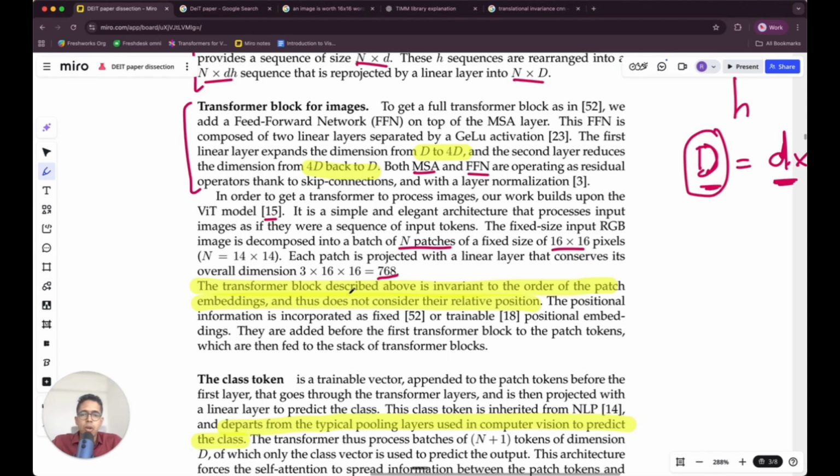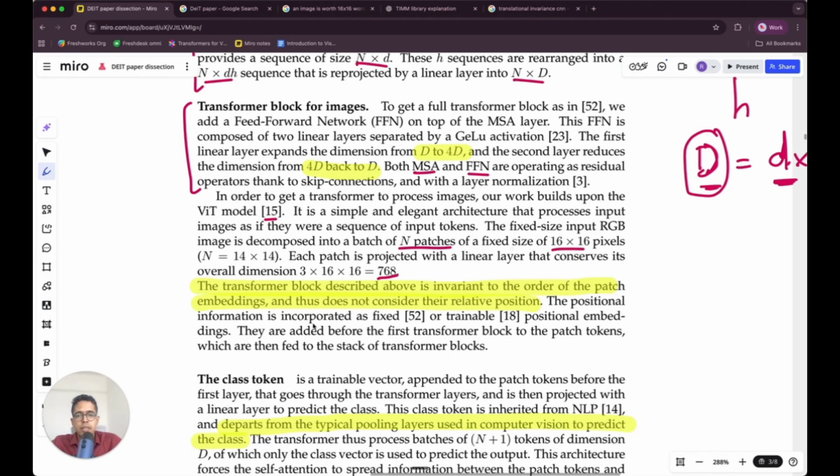The transformer block described above is invariant to the order of the patch embeddings and thus does not consider their relative positions. So it doesn't matter in the ordering of the patch position, whether you keep one patch at position number 1 and another patch at position number 3, etc. So the vanilla conversion of patches into tokens is not enough, which is why you add positional embedding on top of it.